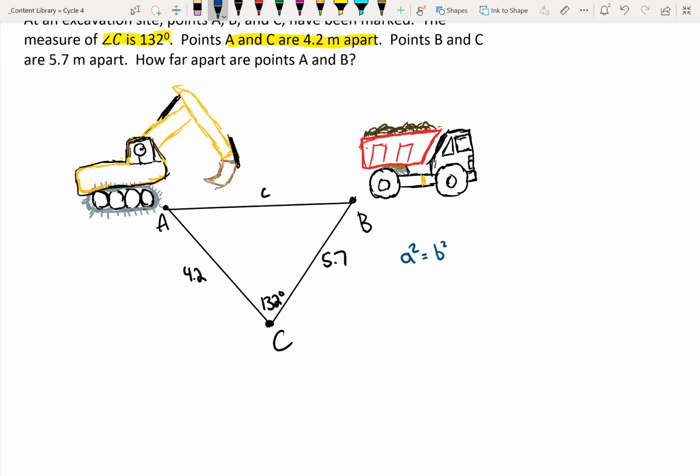So a squared equals b squared plus c squared minus 2bc times cosine A. That's the original one we talked about, but because I don't want to mess up with the labels, we're going to need to change it so that instead of solving for side A, we're solving for side C. So all I have to do now is change all of my A letters to C and my C letters to A. So this now becomes C squared equals B squared plus A squared minus 2BA times cosine of angle C.